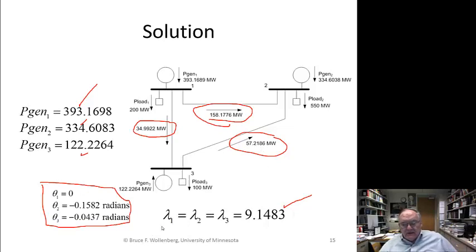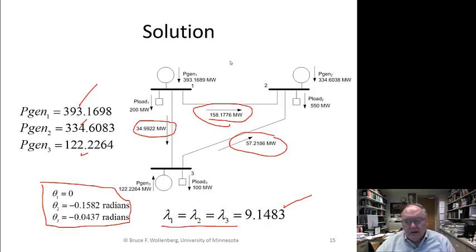Let's get back to these lambda values. The lambda values are all equal. In this case, they're all equal because there are no limits being placed on the transmission lines. There are no limits on the transmission lines. When we do that, we will see that the lambdas change. You should remember that lambda can be defined as, in this case, the increase in system operating cost if I add 1 megawatt to the load.